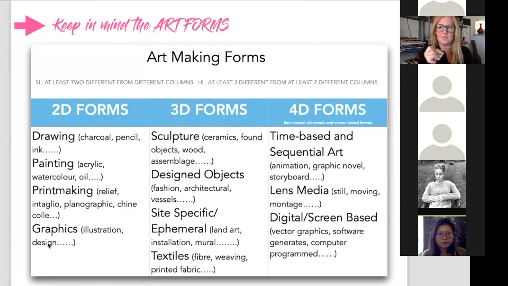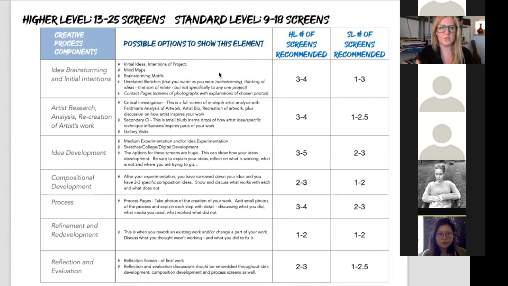I've seen some examiners, and I've seen students that score 7 that have only focused on one form. But in process portfolio, all three of these need to be represented, and it doesn't have to be in the final artworks. It can be within the art making experimentation part. So what I usually do is I have this somewhere in my room as a guide to the students.